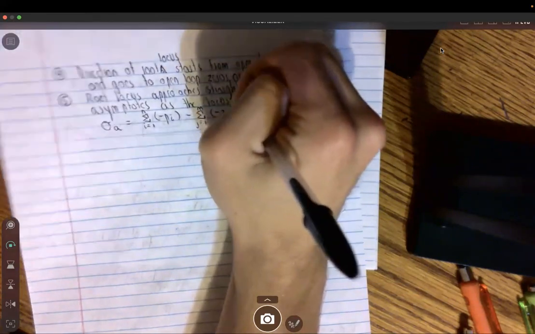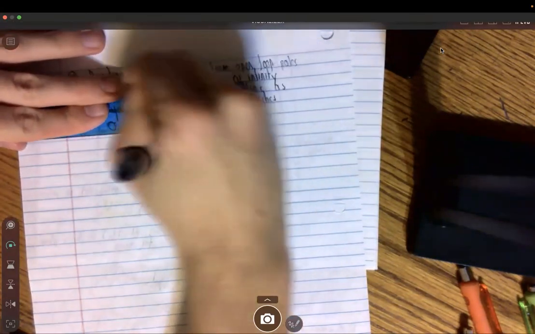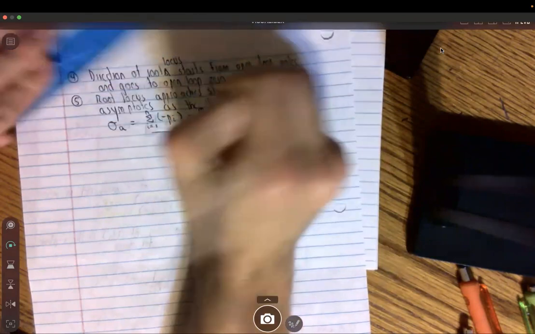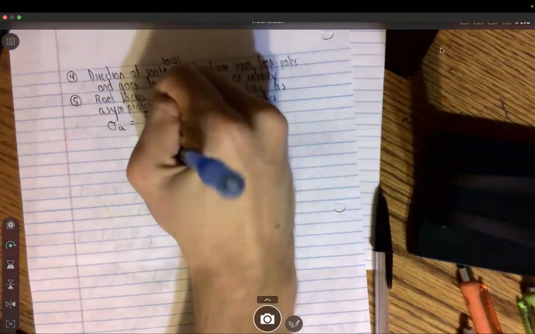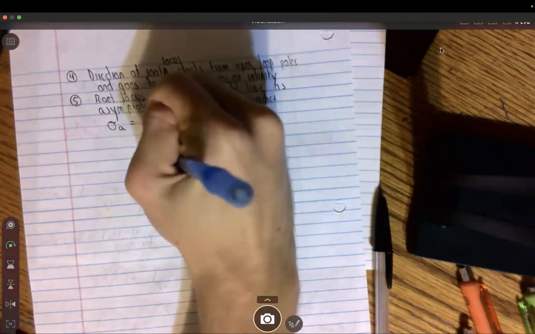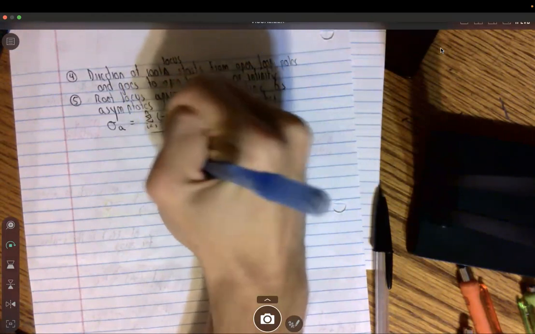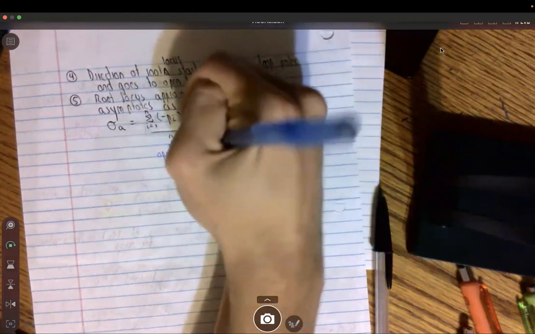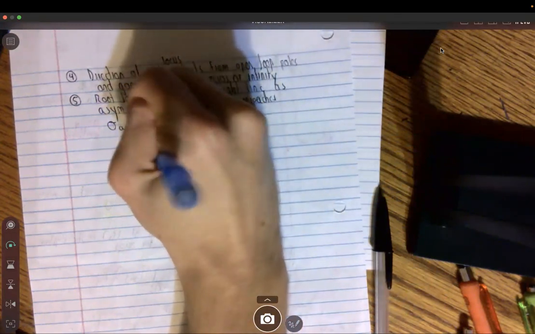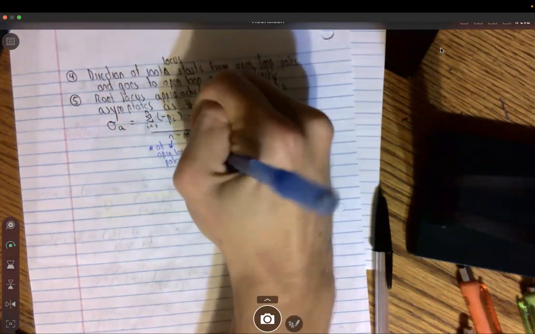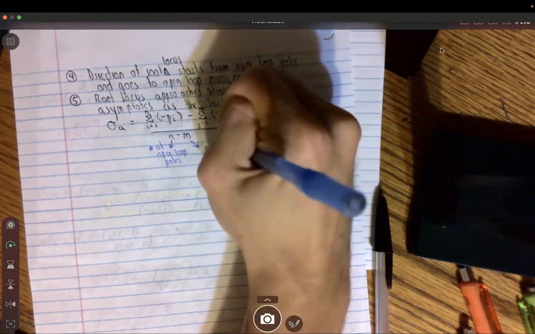And then it's going to be divided by n minus m. And what you're going to see is that this is going to be your open loop poles, and this is going to be your open loop zeros, n is the number of open loop poles, and m is the number of open loop zeros.